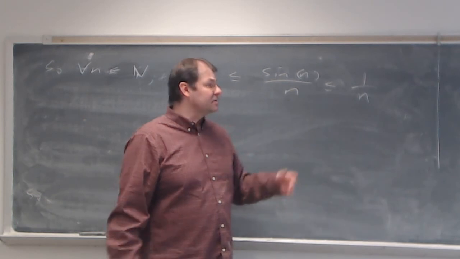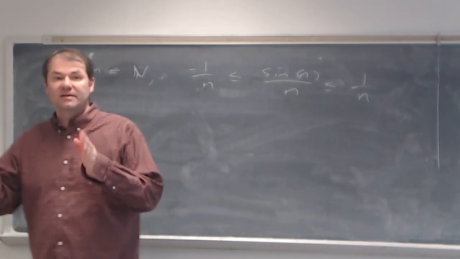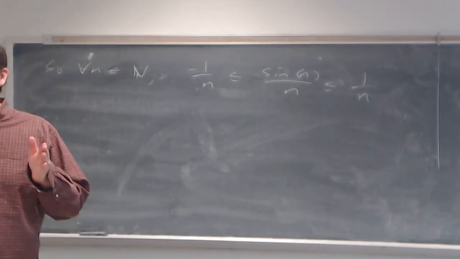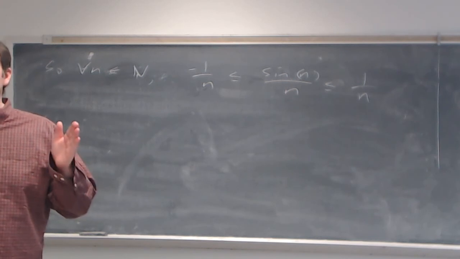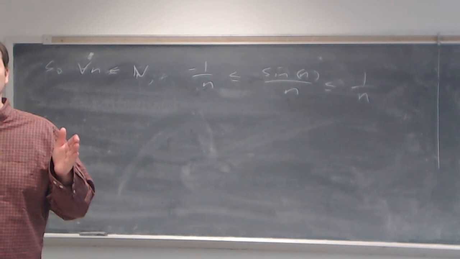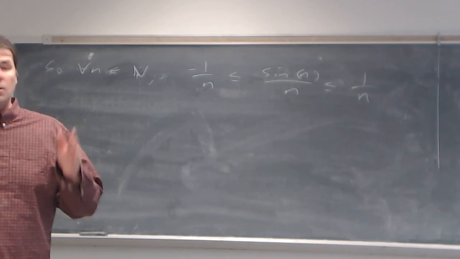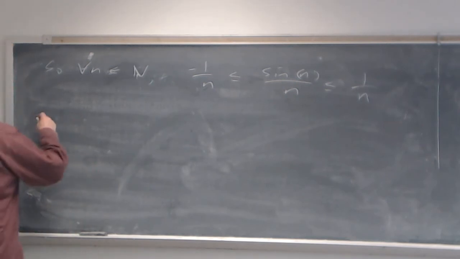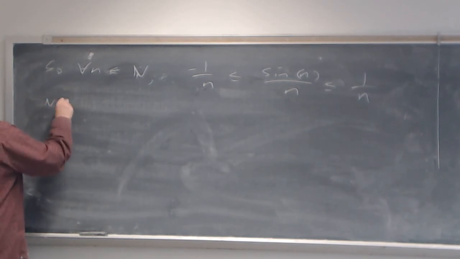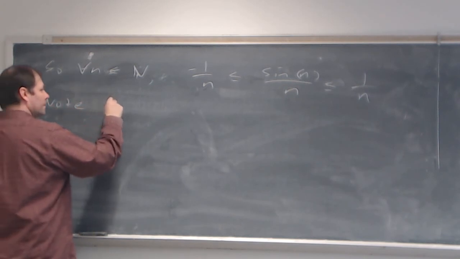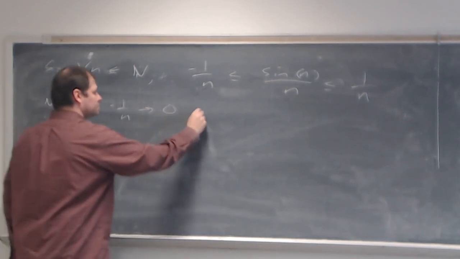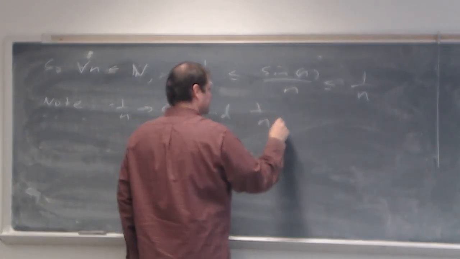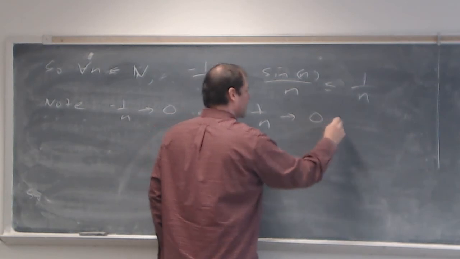And so what I try to do in this problem is create a problem so that I can find two sequences that bound the sequence, one smaller, one bigger, but yet I have to make sure that the outer extreme sequences converge to the same thing. What do the outer extreme sequences converge to? And what's 1 over n converge to? Okay.